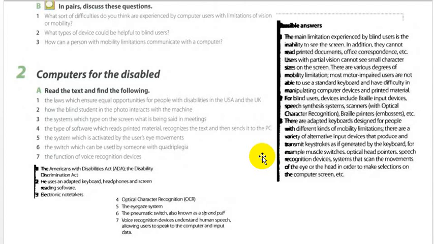Number 5, the system which is activated by the user's eye movement, that is called the eye gaze system. Number 6, the switch which can be used by someone with quadriplegia, that is called the pneumatic switch, also known as sip and puff.